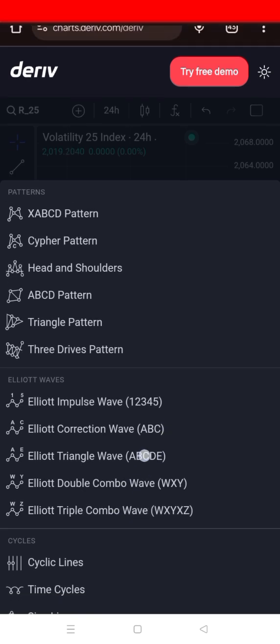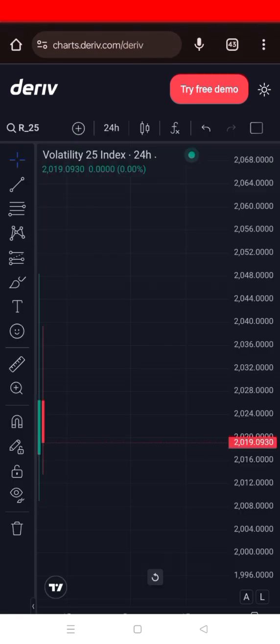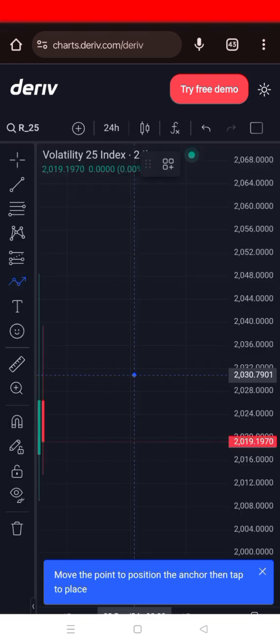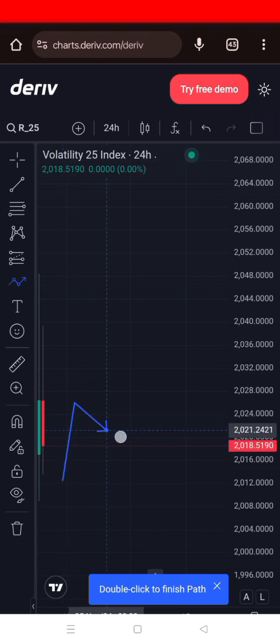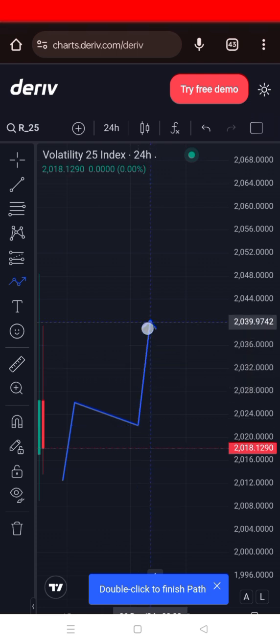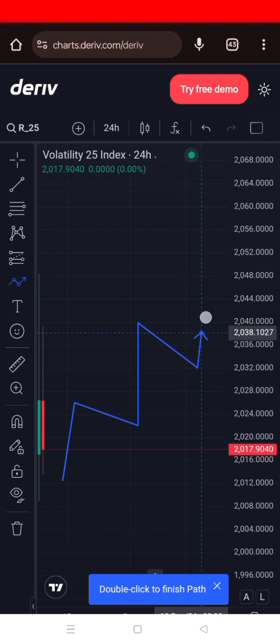So we have the uptrend. Let me now look for the path on my tools section. When I pick my path, I'll be illustrating to you the uptrend. We will be drawing the uptrend, and the uptrend means that whenever you see the market creating higher highs and then higher lows, and then higher highs and higher lows, the market is trending upwards.